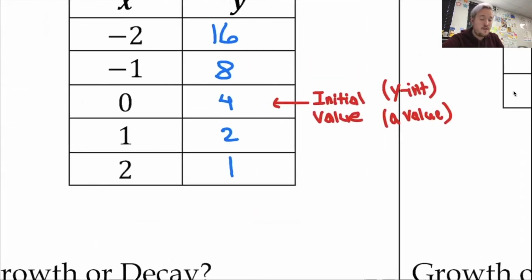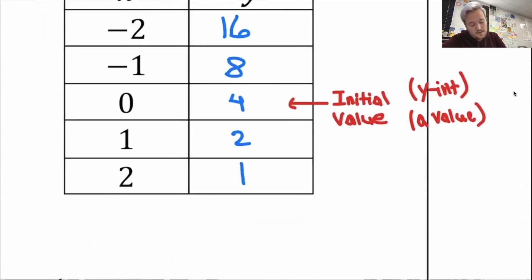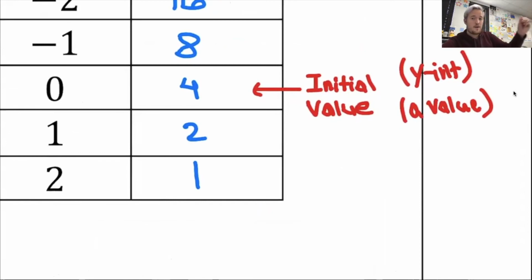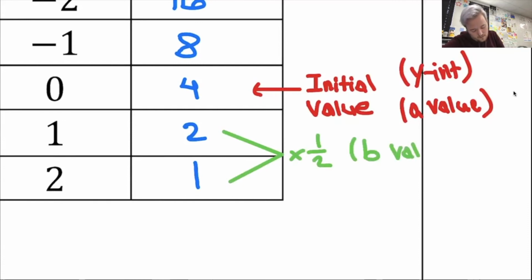Now, if you want to find the b value from your table, that's your common ratio. You just have to look at your table and see, how do I get to the next value? So to go from, say, 2 to 1, if I'm multiplying, I have to multiply by 1/2. So this is your b value, which is your common ratio.